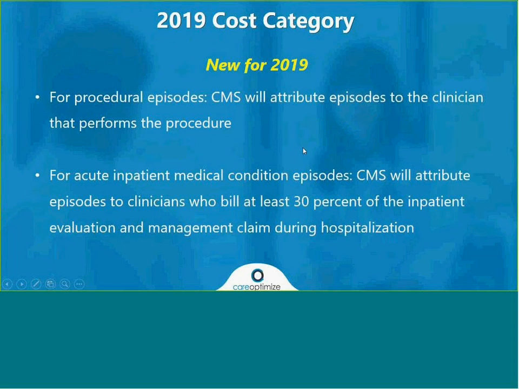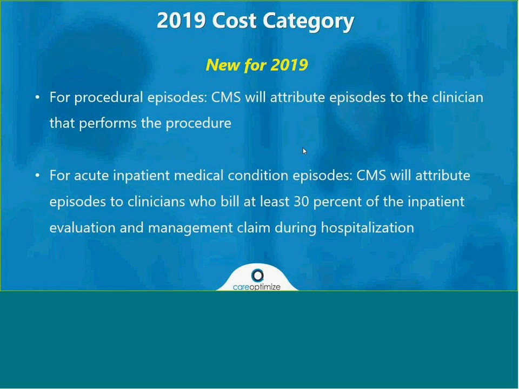A couple updates CMS has made for this cost category. The first is they're going to be attributing the episodes to the clinician that performs the procedures. So for the procedural episodes that we talked about, remember the minimum of 10, it gets attributed to the clinician that performs that procedure.